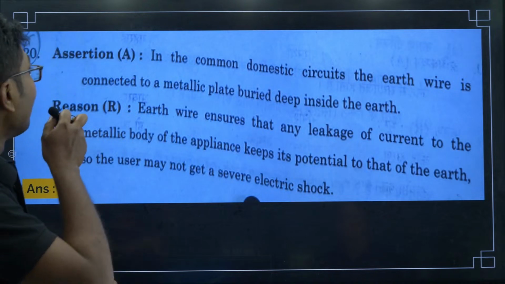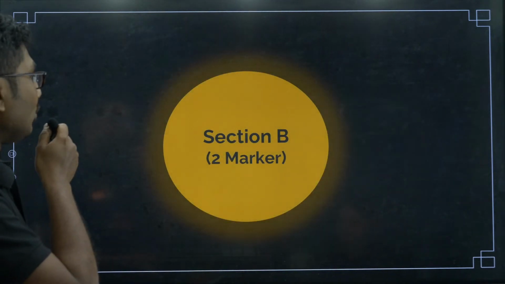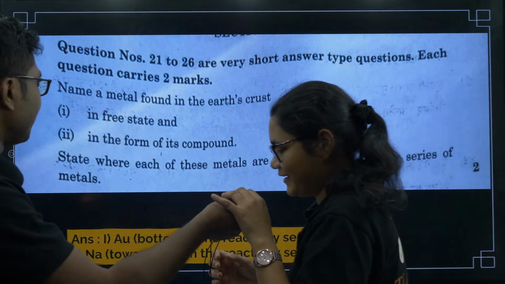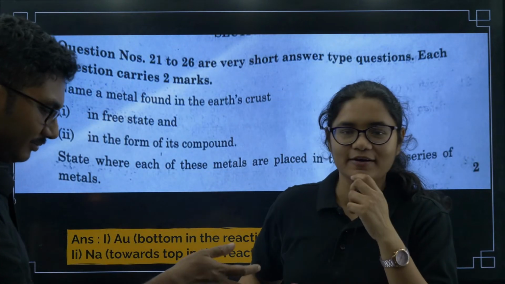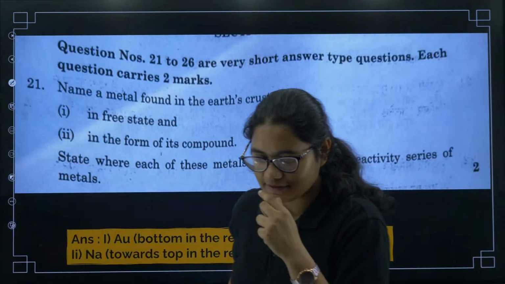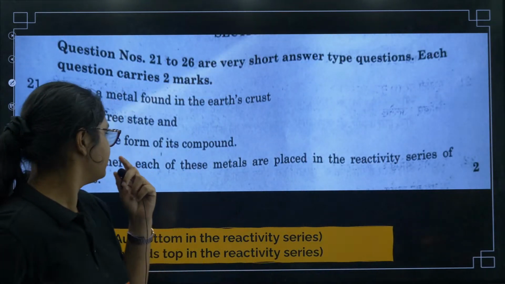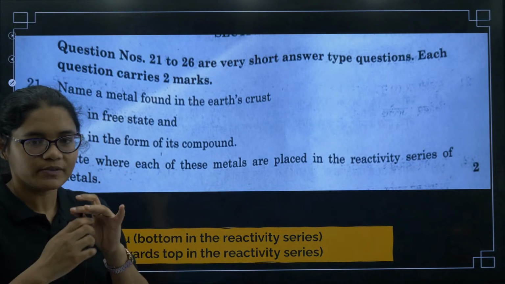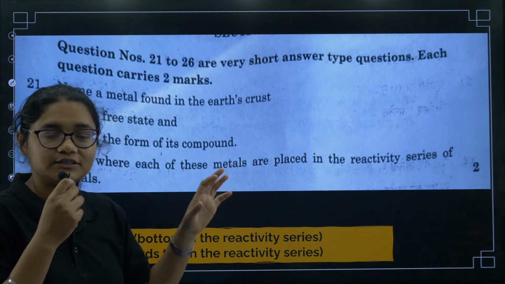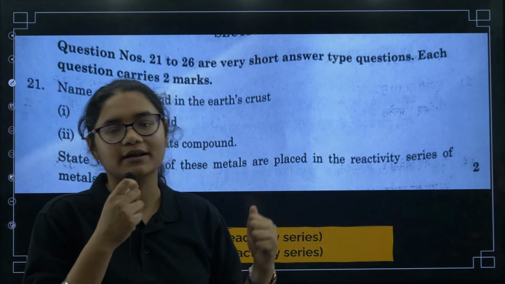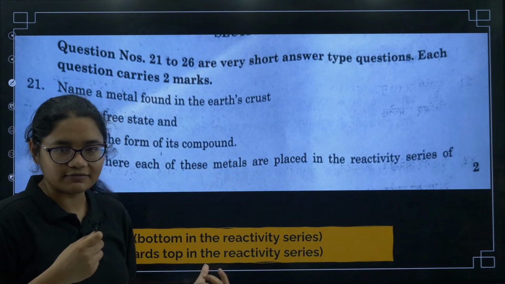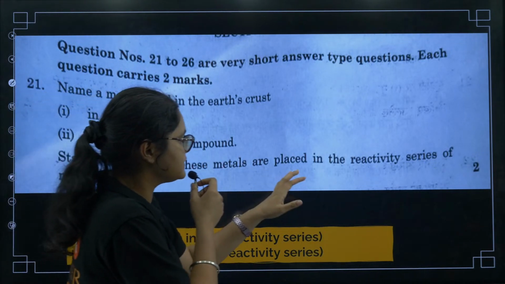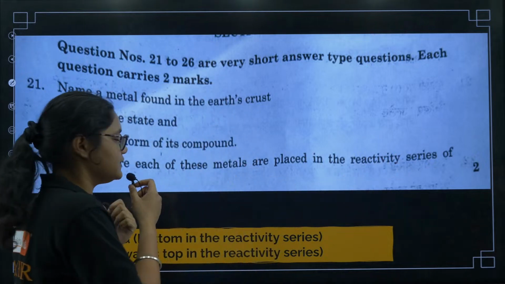Okay, now let's move on to the next part, section B, 2 marker questions. So yes, ma'am's question. This question is from your chemistry metals and non-metals chapter. You have to find a metal which is found in the earth's crust in the free state and in the form of its compound. So the free state will be those metals which are very less reactive, like you can give the example of gold, silver, platinum, and you also have to write where each of these metals is placed in the reactivity series of the metals.